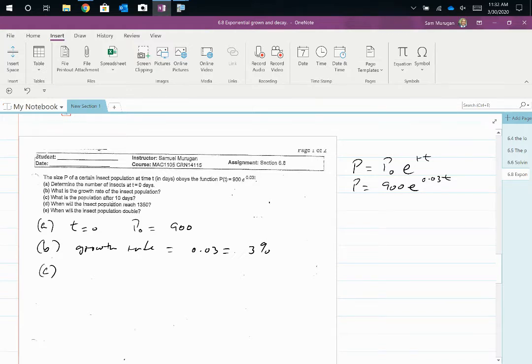After 10 days, so when t is equal to 10, P10 is equal to 900 e to the power 0.03 times 10.